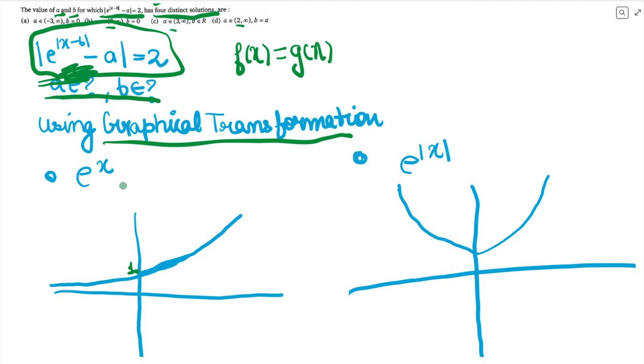All right. So now, after drawing e raised to power x, we can see there is a modulus also. Ignore b for once, and focus on the modulus part. The rule of applying a modulus and transforming is that we have to erase all the negative part of the graph, whether it is in negative x-axis or negative y-axis, because modulus cannot allow that.